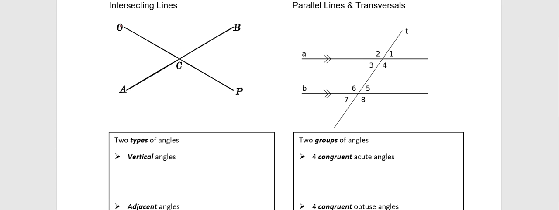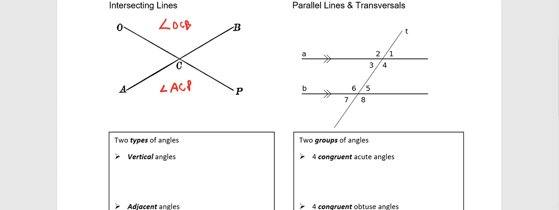You can say that there's angle OCB. So if I wanted to write that, that's angle OCB. And across from it, there's angle ACP. Now remember, each of these angles I could say in reverse. I could say this is angle BCO, and down below I could say this is angle PCA.